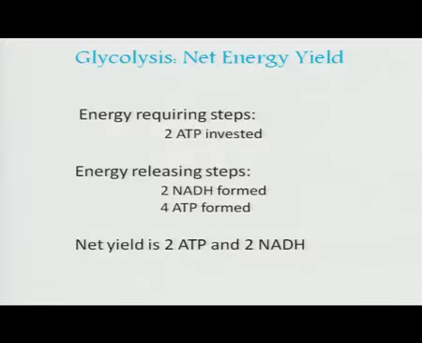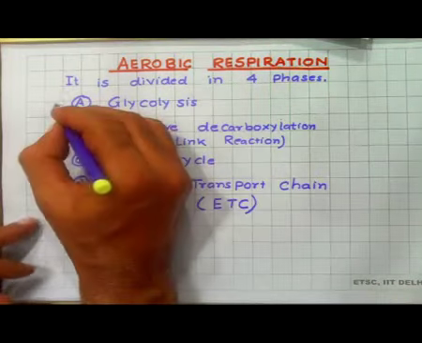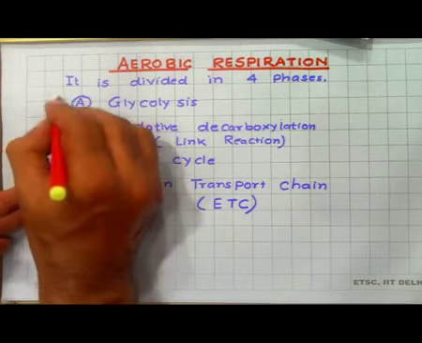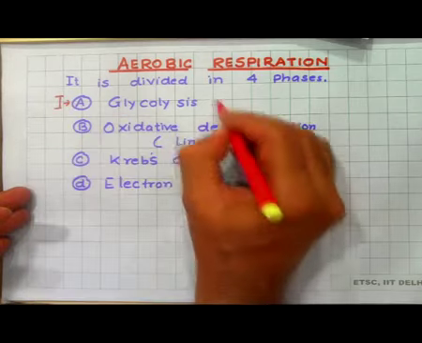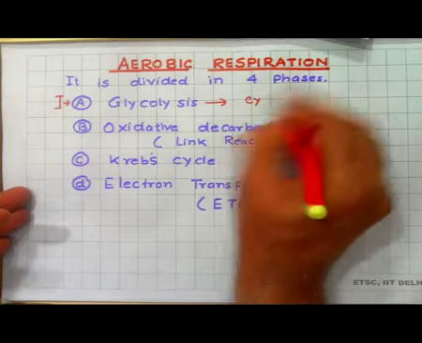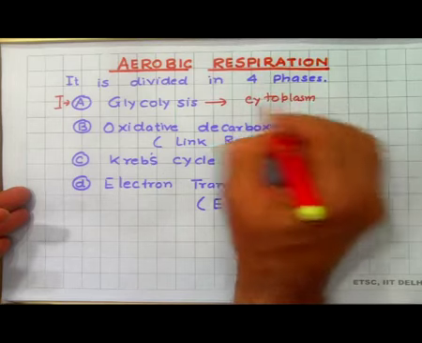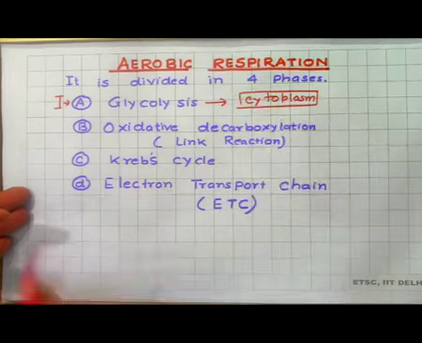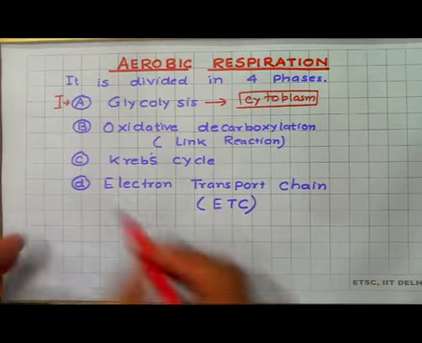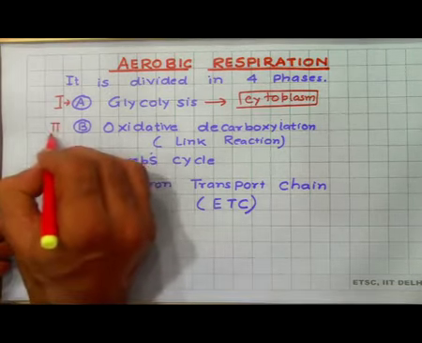So, first of all we discuss aerobic respiration. In aerobic respiration, there are mainly 4 phases. The first phase is glycolysis, which takes place in cytoplasm. The second step is oxidative decarboxylation.